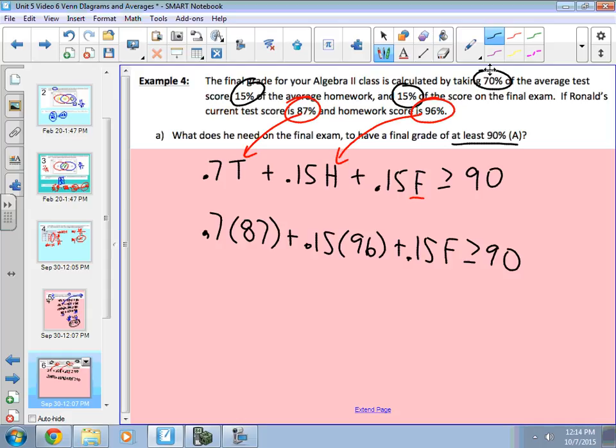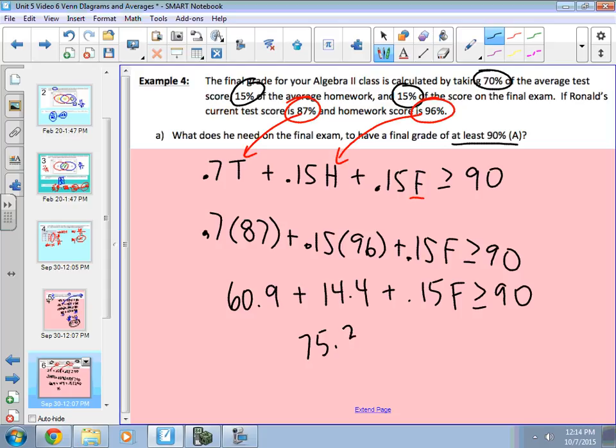This one is going to come out to be 6.9. If we add these up, we want to subtract here, and we're going to get 14.7.